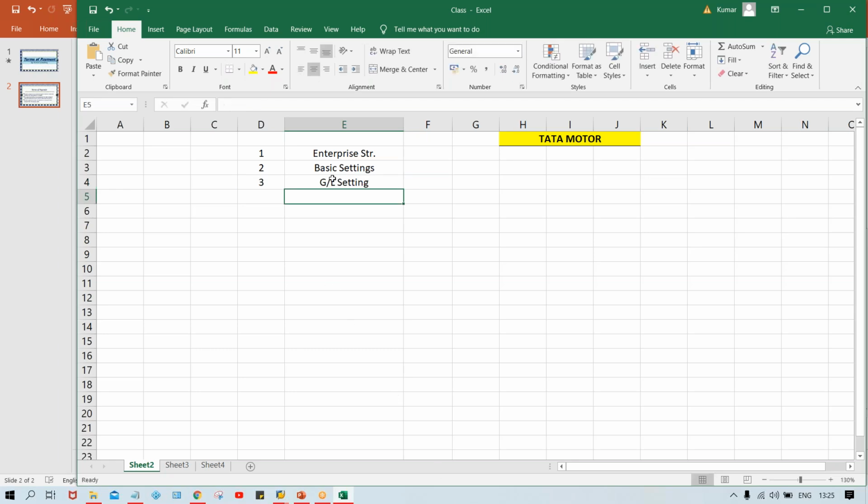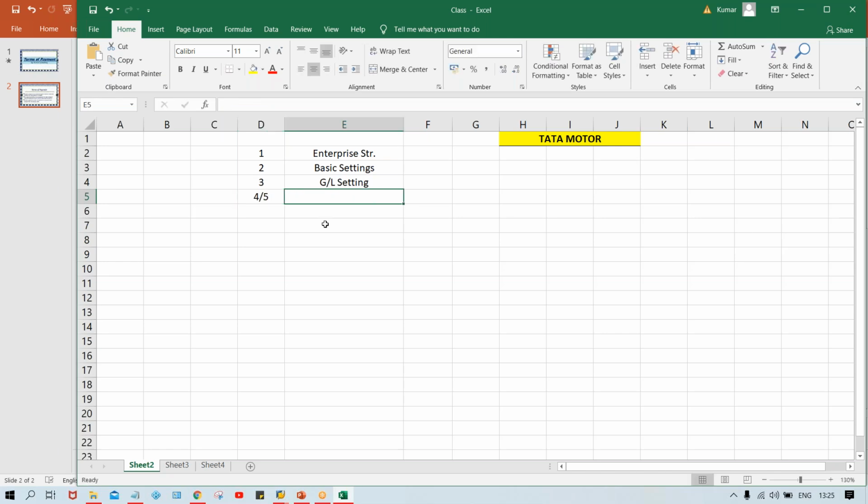These three settings must be there. Then the fourth and fifth, you have a choice. Fourth and then fifth.